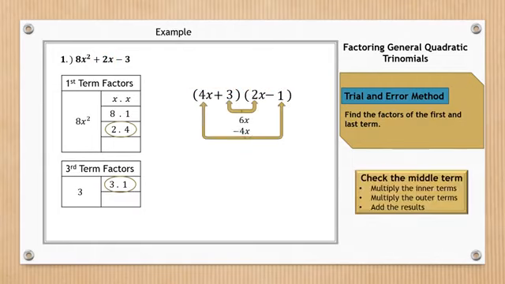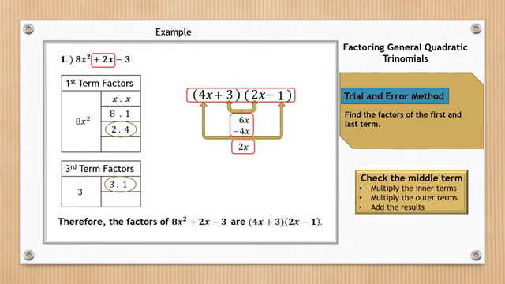Kanina, again, from this video, this method class, pwede natin gamitin to sa lahat ng trinomial, quadratic trinomial, the trial and error method. Okay? Again, if your module teach you another method, walang problema yun. Pwede pa rin. You can use that one. Okay? But as for me, you can use this one to all quadratic trinomials. Okay? Lahat ng form ng quadratic trinomials, you can use trial and error method.